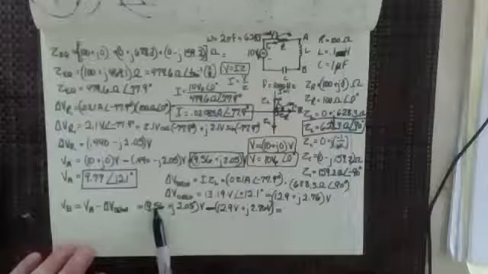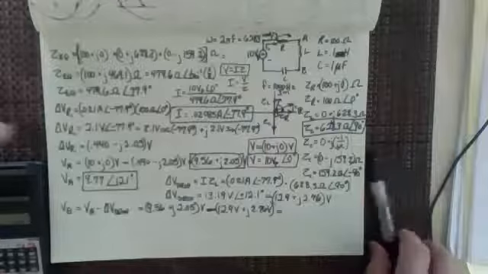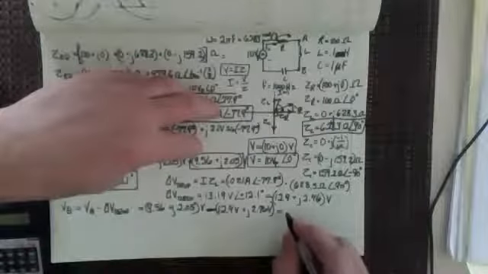And I'm subtracting that off. Now, these are both positive, so they're both going to subtract. So 9.56 minus 12.9 is going to give me minus 3.34.